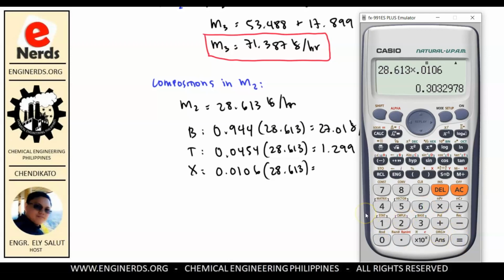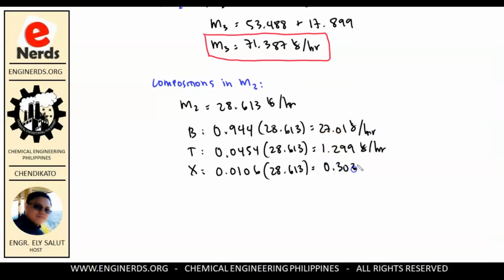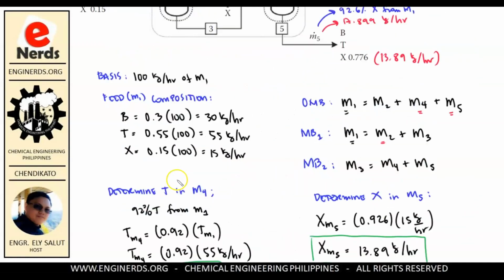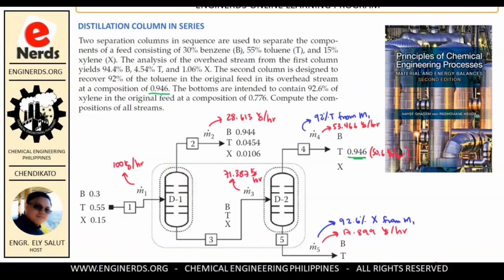So this is equal to 0.3033 kilogram per hour. Okay, so may values na tayo ng B, T and X dito sa ating M2. So para maging malinaw, let us write that here. Our B is 27.01. Our T is 1.299.